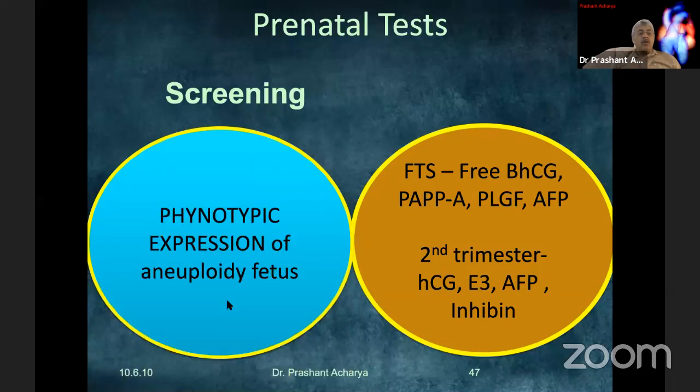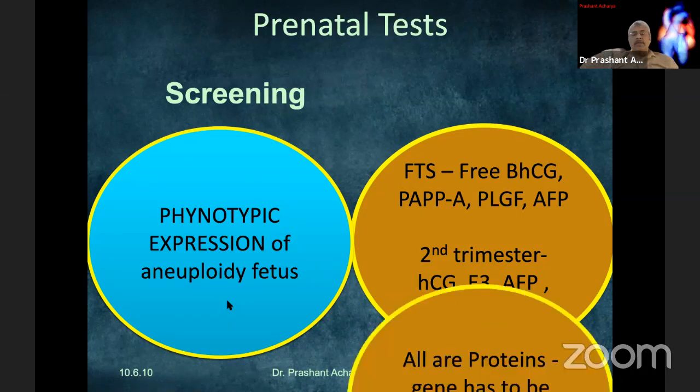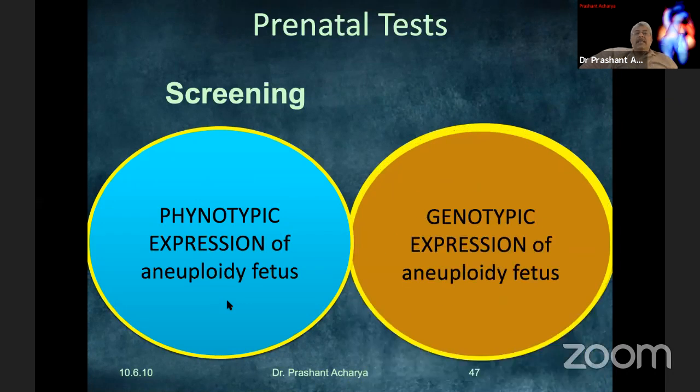So I call all ultrasound markers a phenotypic expression of an aneuploid fetus. And because every protein needs a gene to synthesize it, I call the expression of abnormal proteins a genotypic expression. So we have phenotypic expression by ultrasound, or genotypic expression of an aneuploid fetus by biochemical markers.